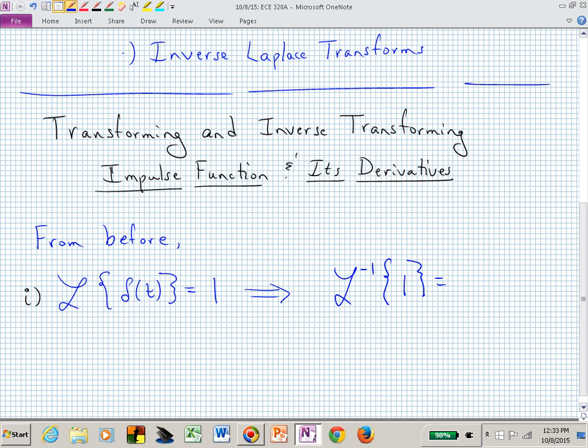If you now have a constant and you're trying to inverse Laplace transform that constant, what does that correspond to in the time domain? And that's known from the previous formula. It's the impulse. So now we're just learning how to go back and forth.